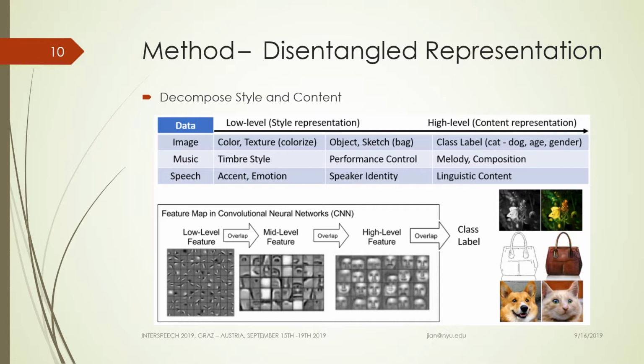And for music, the low-level features capture the timbre style, and the high-level features like melody and composition capture the content information. For speech, it is similar. The accent and emotion are lower level features, which is the style, and speaker identity and linguistic content are the high-level features.